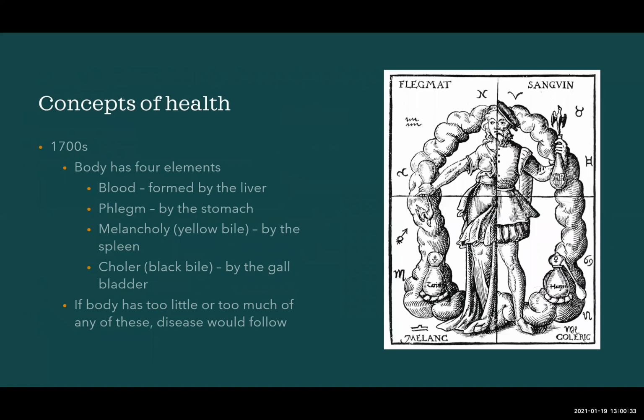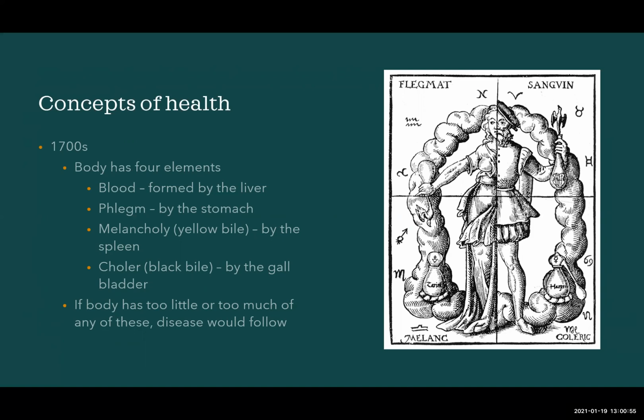So in the 1700s, they believed that the body had four elements. There was blood, which was formed by the liver, phlegm, which was formed by the stomach, melancholy or yellow bile by the spleen, choler, which is black bile, by the gallbladder.